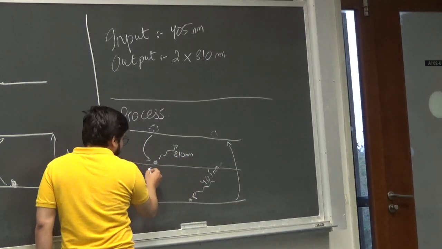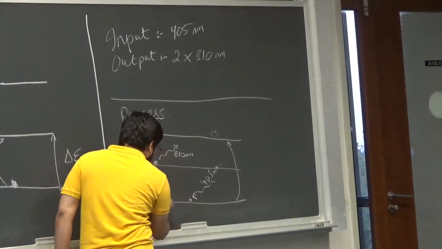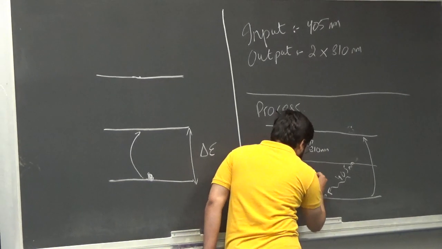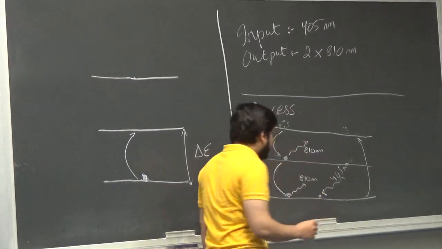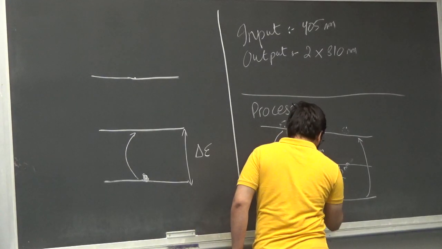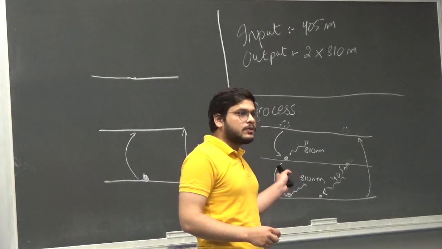And while making the next jump, it will again release a photon of 8-10 nanometer. So this is how we get those photons.